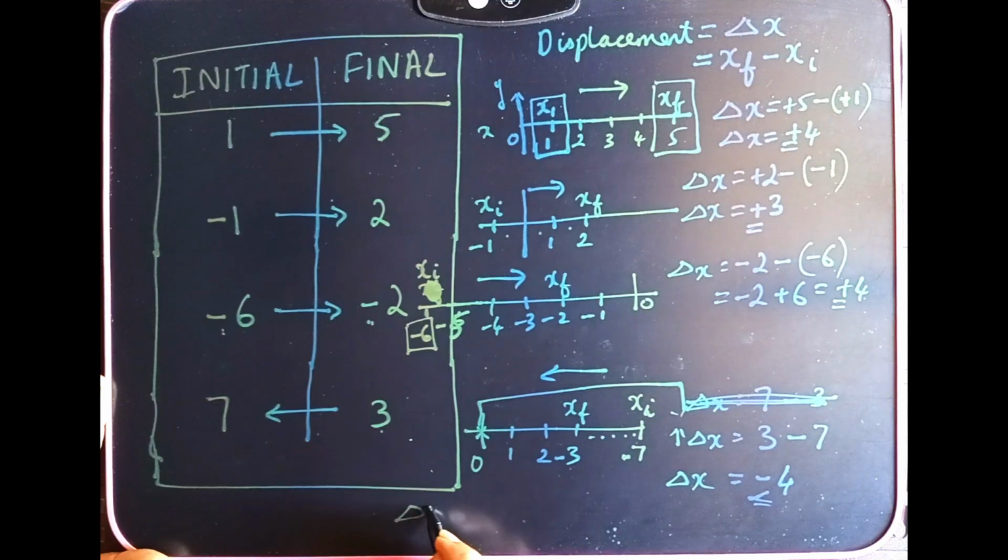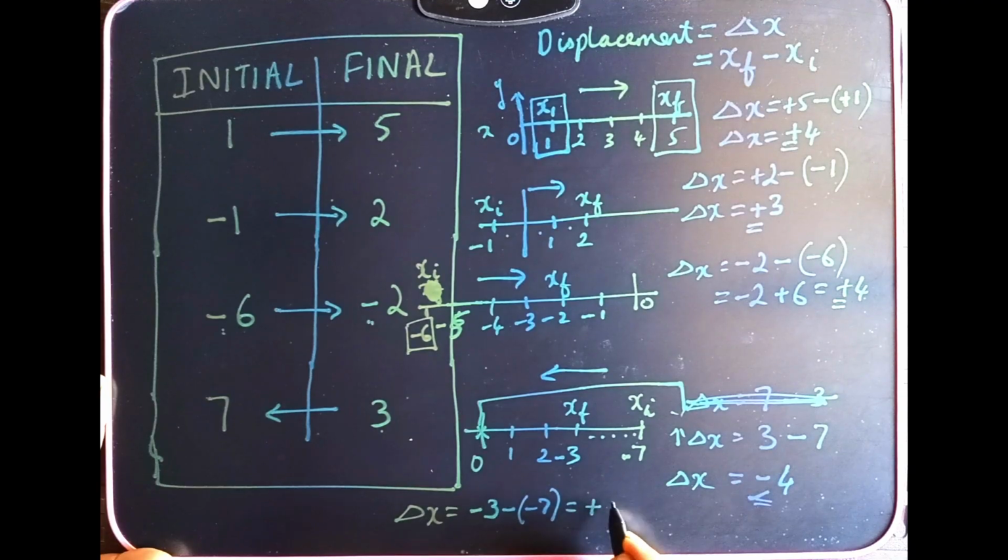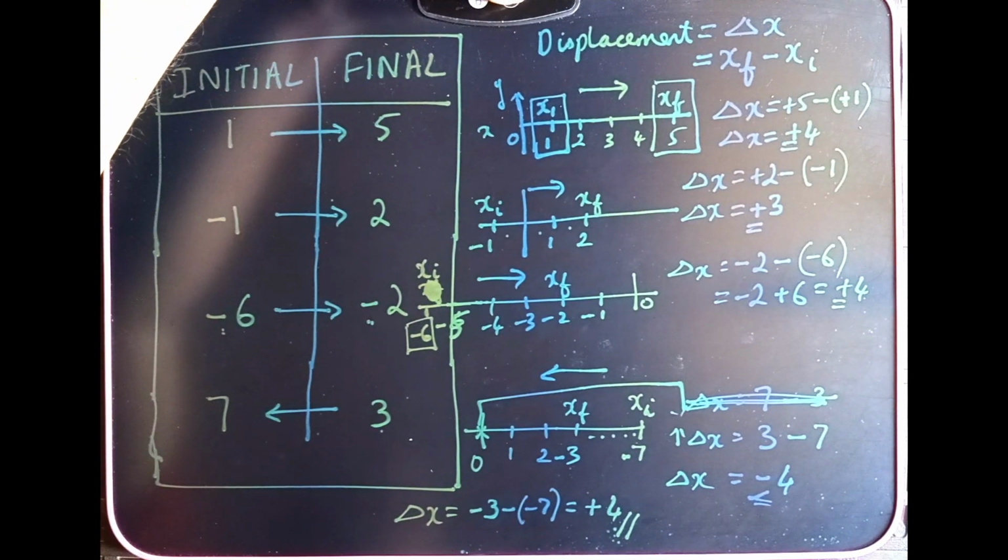So delta x will be equal to final, which is minus 3, minus of minus 7, the initial, which becomes positive 4. That means the displacement by itself has not changed, but the direction has changed.